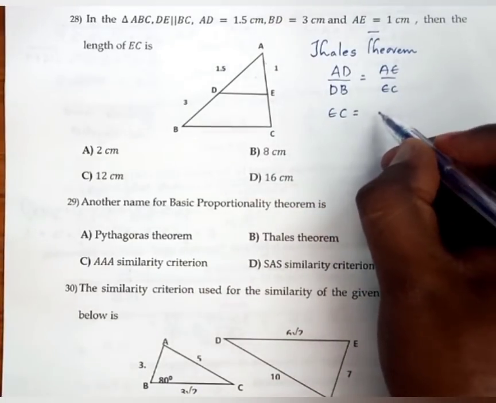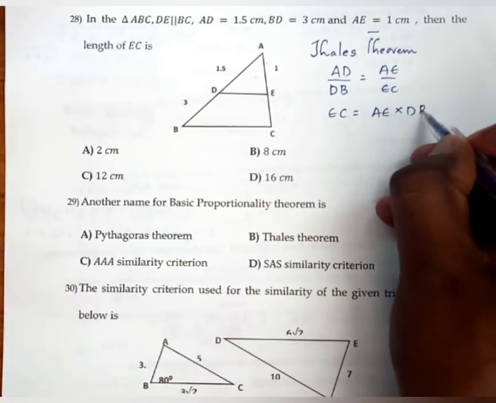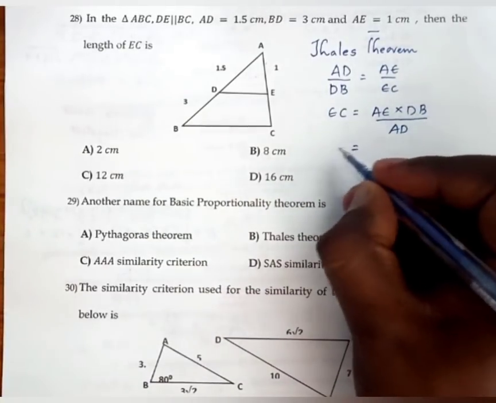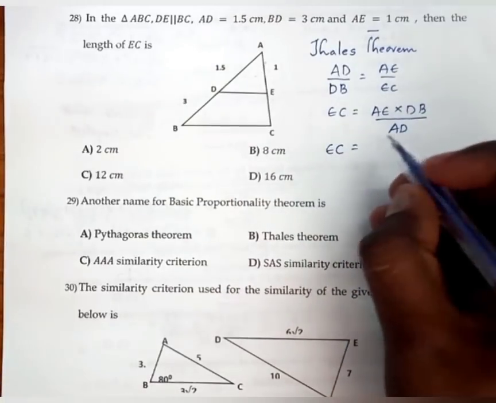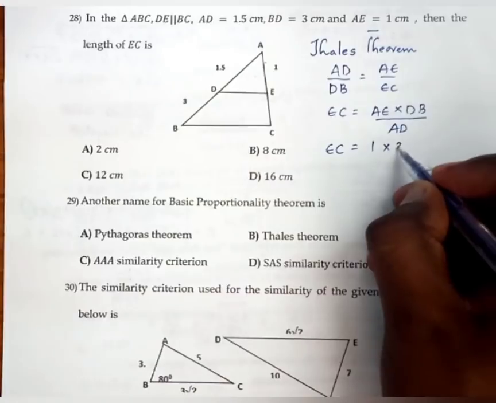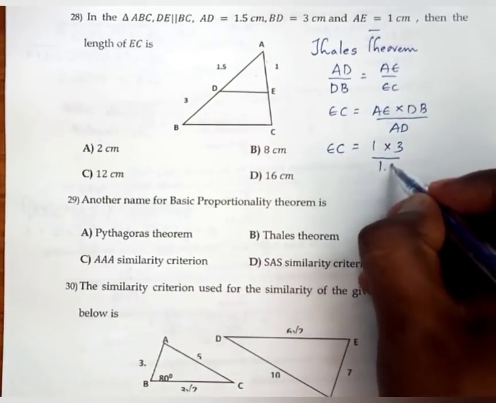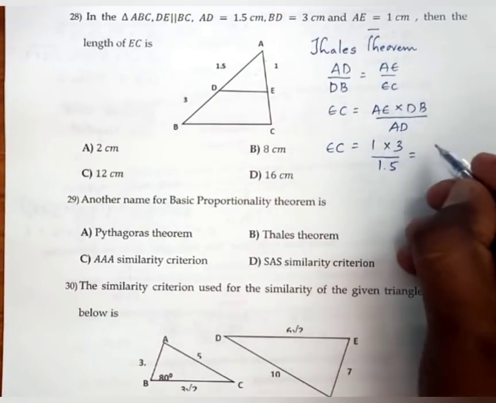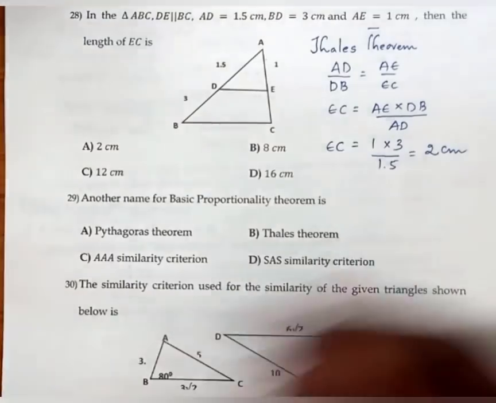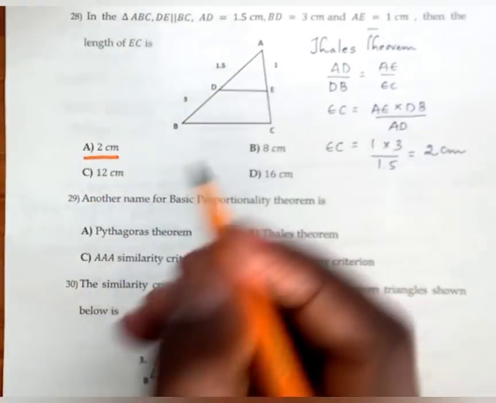AD is 1.5, BD is 3, AE is 1. Now we need to find EC. EC equals DB into AE by AD. What is AE? AE is 1, DB is 3 and AD is 1.5. 1 times 3 is 3. 3 divided by 1.5 is 2 centimeters. Therefore, the length of EC is 2 centimeters.